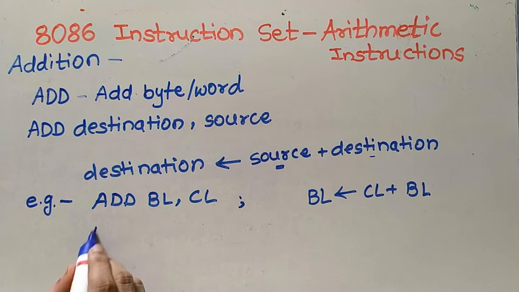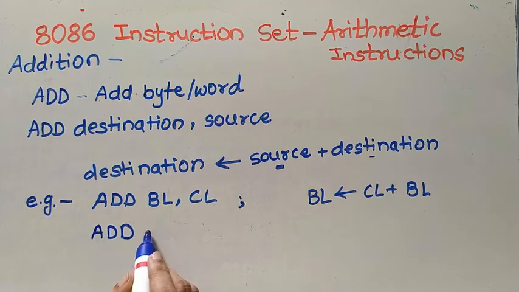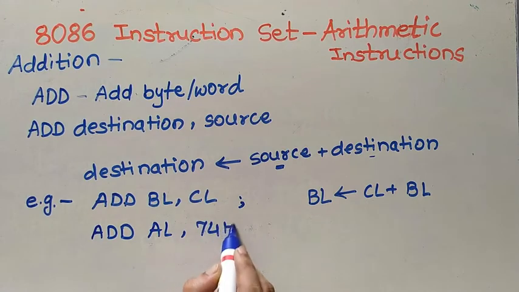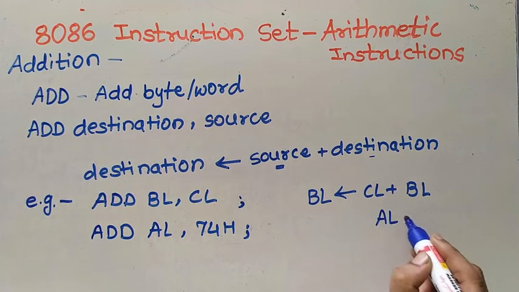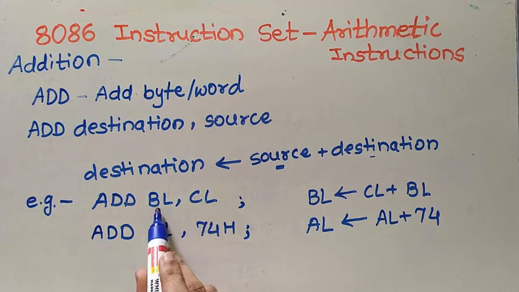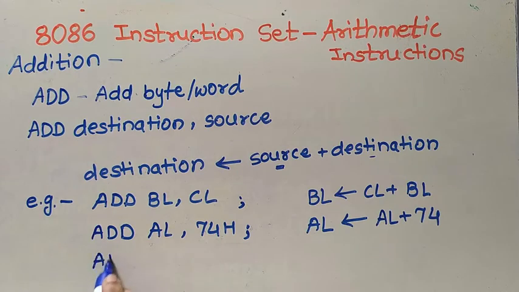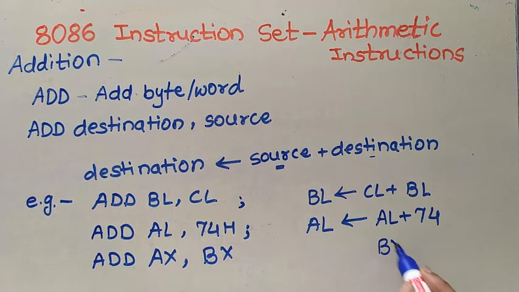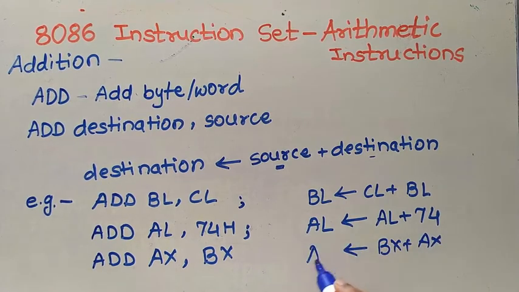One more example, let's consider ADD AL, 74H. Here the contents of AL are added with 74 and the result is stored back in the AL register. So this is the add byte, and for word, we can take the instruction ADD AX, BX. Contents of BX and AX are added and the result is stored back into AX. So this is the ADD instruction.